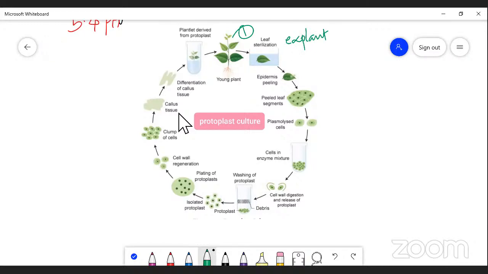Now the explant, or the leafy portion, is sterilized with the help of a chemical agent or alcohol, such as sodium hypochlorite. It is a sterilant used to remove microbes from the explant. Sterilization is the process employed to remove microbes from the explant.